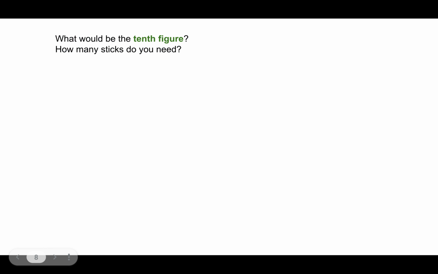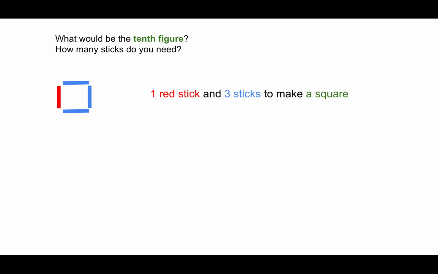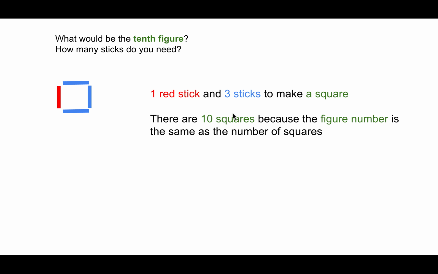So now how can we find the 10th figure without drawing it? Let's see if we can figure out how many sticks we would need. Well, I know to make 1 square, I need my 1 red stick, plus I need 3 additional sticks. If there are 10 squares, I know that that's the same as the figure number.